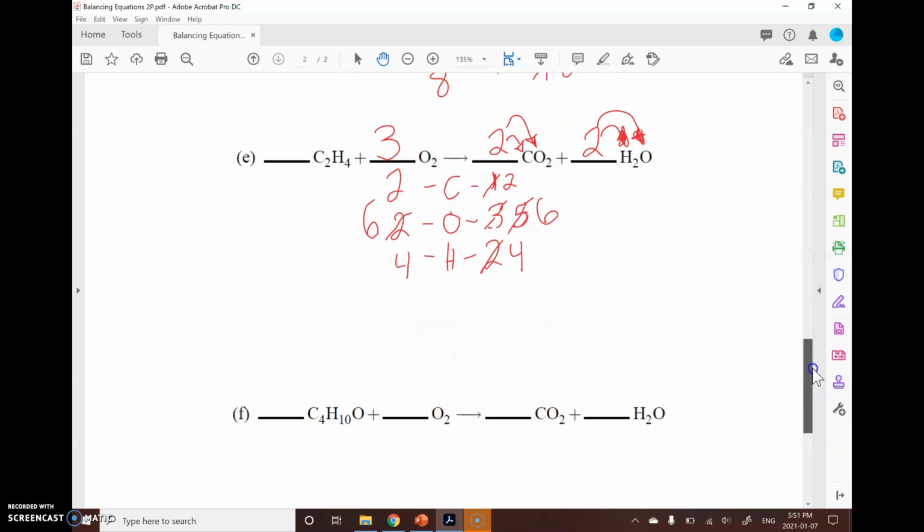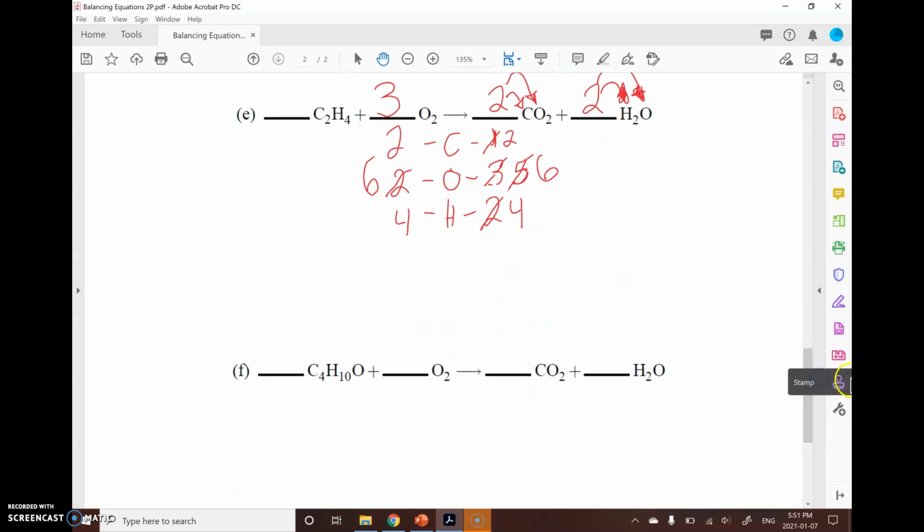Okay, so we have one more, and this one's a little tricky, but we're going to work through it together. We have non-metals here, so again, we're going to go carbon, oxygen, and hydrogen. We're going to count up the left side of the arrow. 4, I got 2, and 1 is 3, and I have 10.